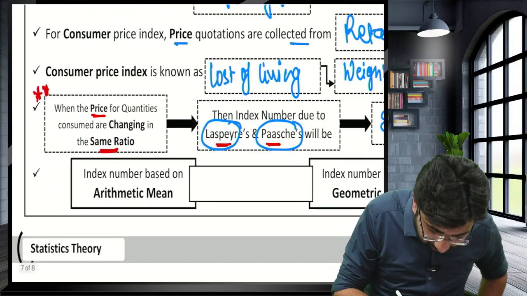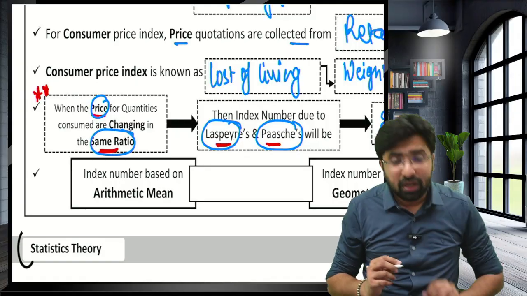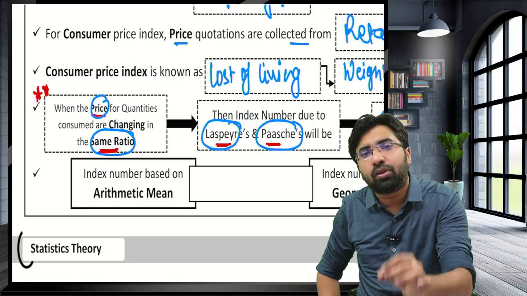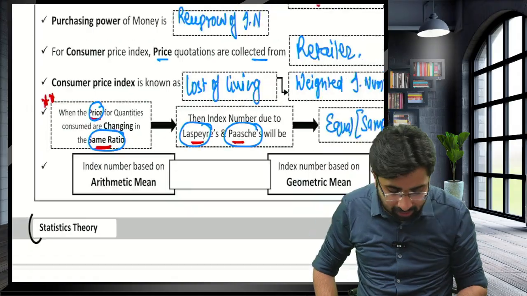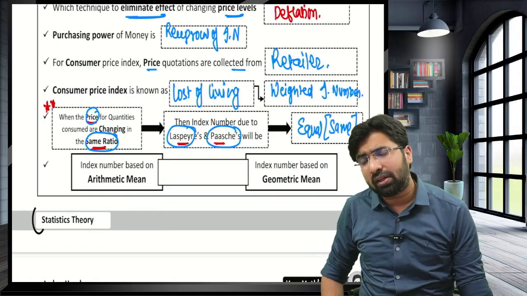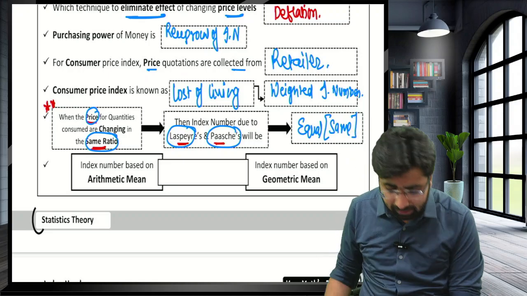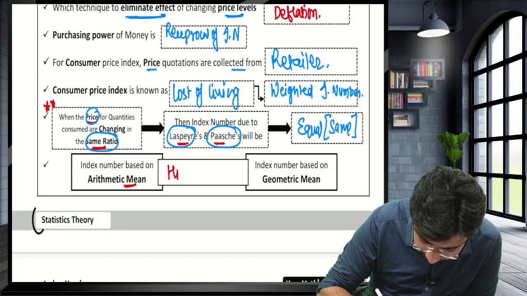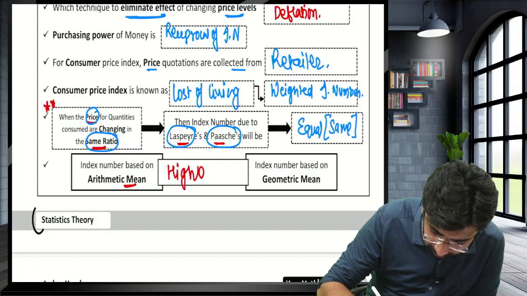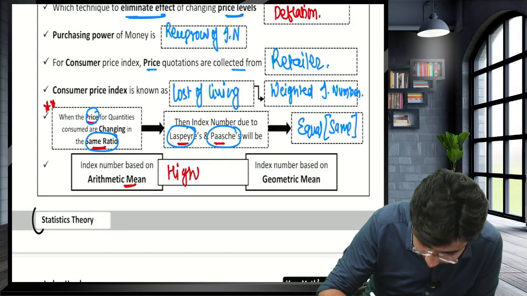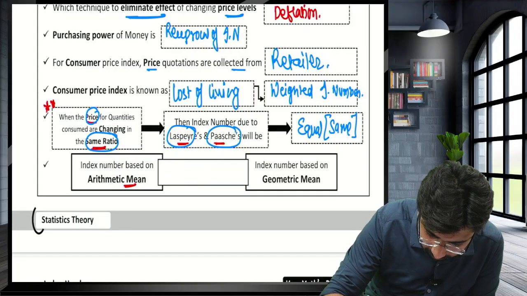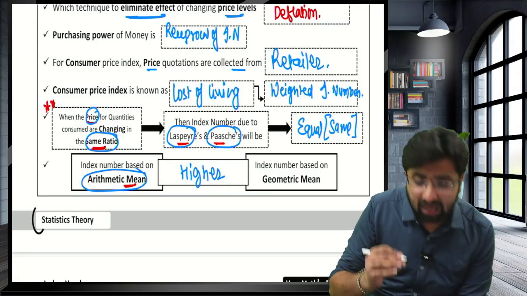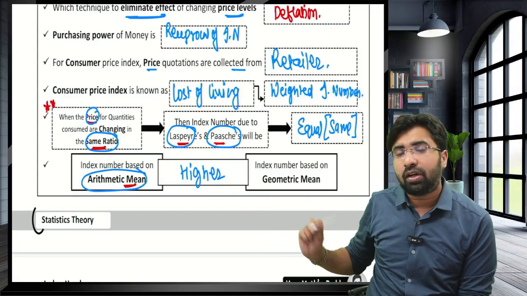If the prices are changing in the same ratio, the index number calculated from last year and past year both will be equal. Index numbers calculated by the arithmetic mean or by the geometric mean, you will find that the index number based on the arithmetic mean is always higher than the index number calculated from the geometric mean.